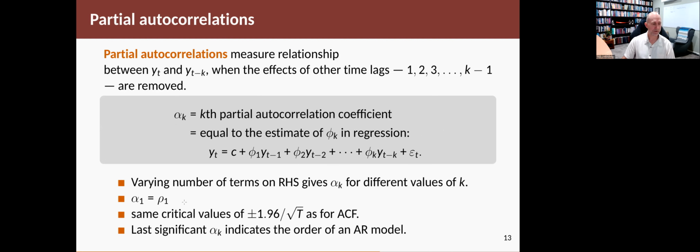Alpha 1 is equal to rho 1. It also has the same critical values. So the blue lines, when we plot these, are going to look exactly the same on the PACF graph as they are on the ACF graph. And one way to choose the p in an AR model is to find the last significant lag when you plot these things.